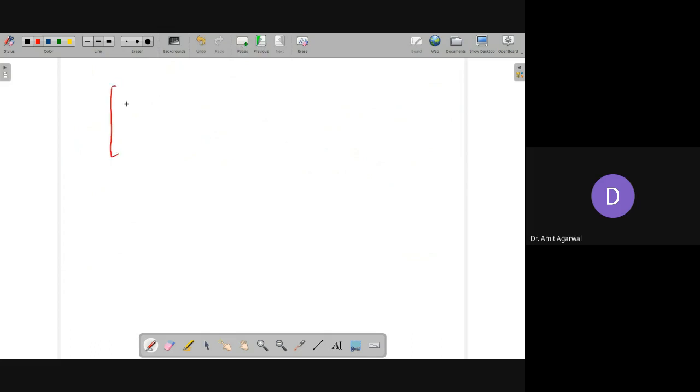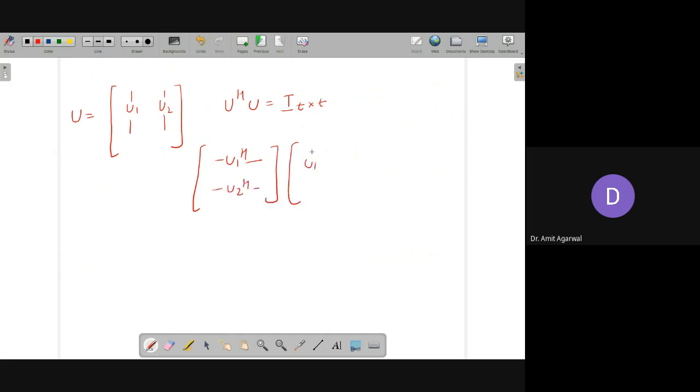So if U1, U2, this is a U matrix, for example, and I say U Hermitian U is identity. So it means you can write U Hermitian like this, and you can write U like this.